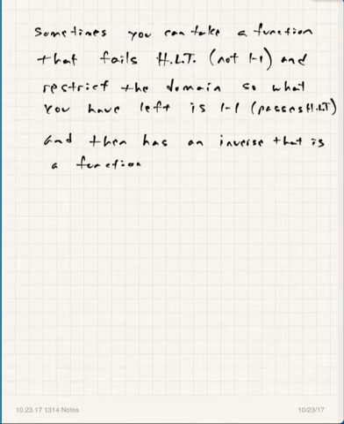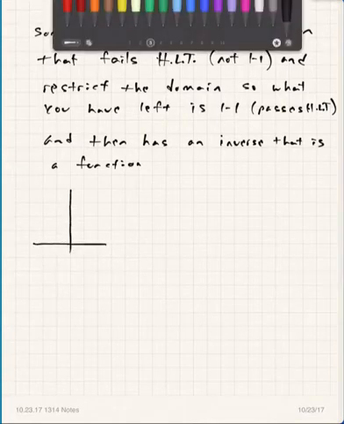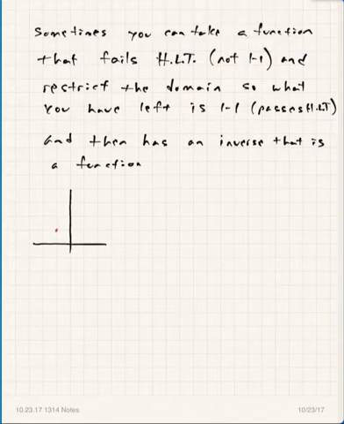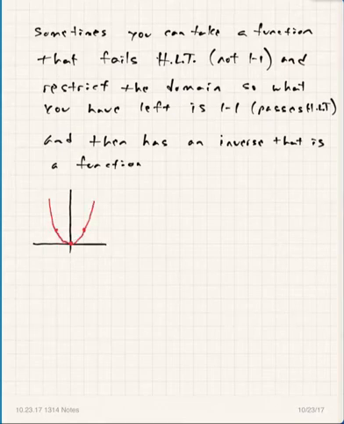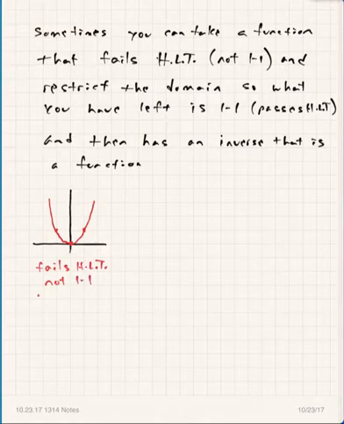Okay, so the square function we know fails the horizontal line test. It's not one-to-one. So we're going to draw it in again. And we write underneath it, fails the horizontal line test, not one-to-one. Inverse is not a function.